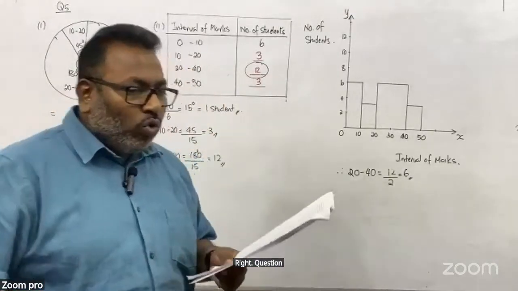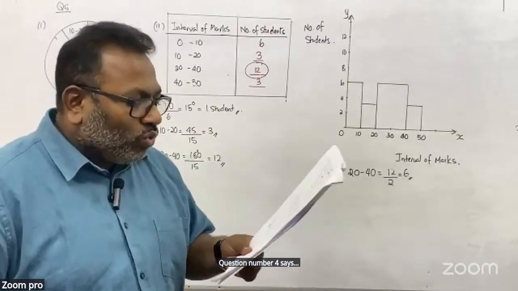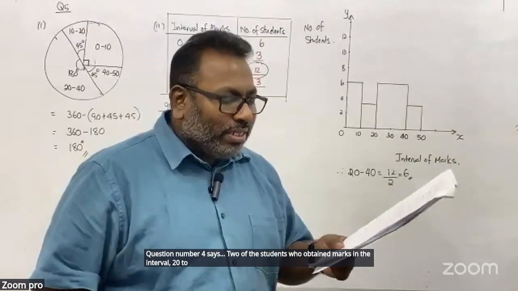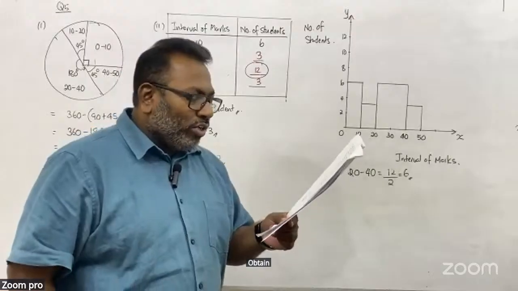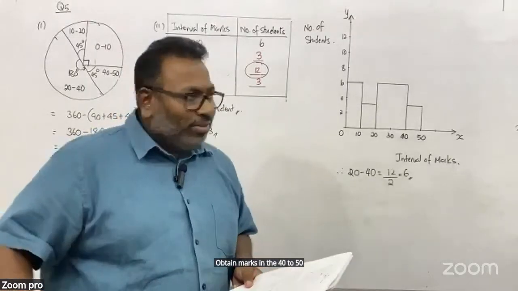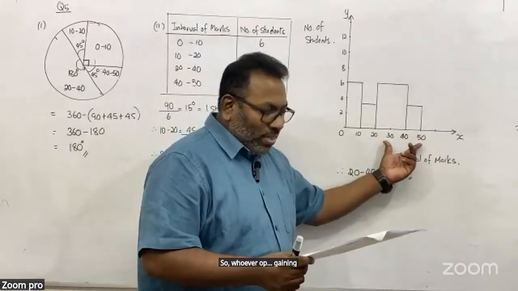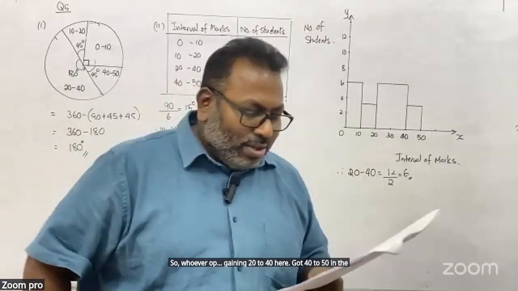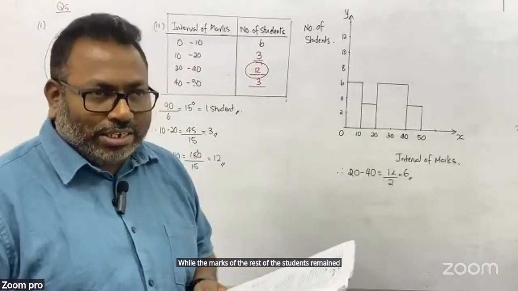Question number 4. Question number 4 says, 2 of the students who obtained marks in the interval 20 to 40 in the above test obtained marks in the 40 to 50 in the next test, while the marks of the rest of the students remained unchanged.